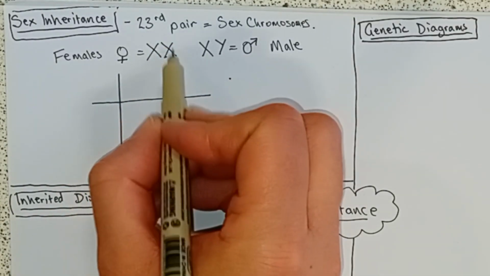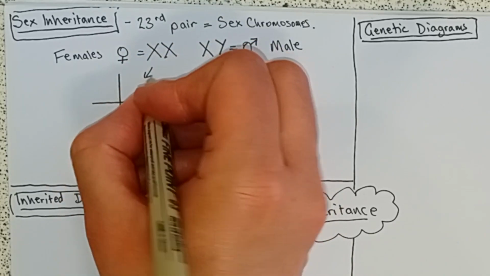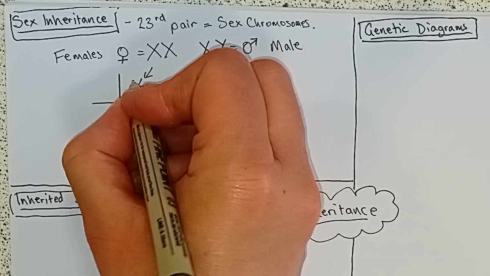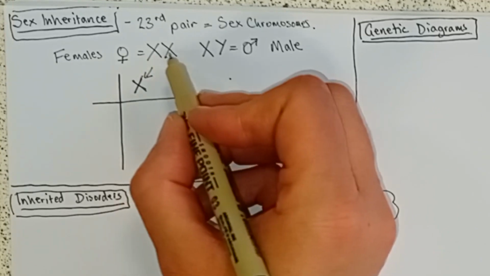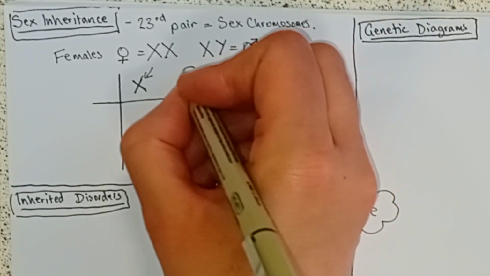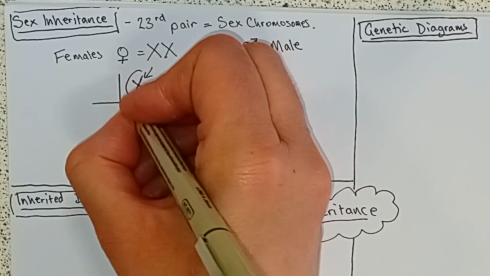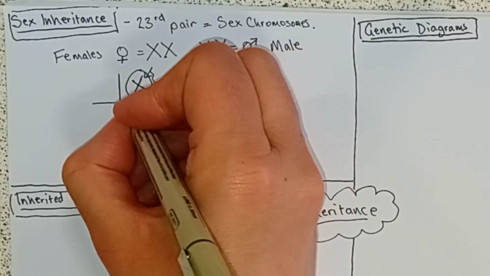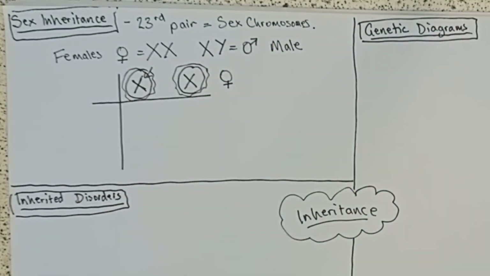So the mother has 2 X's, which means half of her eggs will have this X. Remember that eggs don't have pairs of chromosomes, they only have single chromosomes. So the other half of her eggs will get this X. So 50% of her eggs will be that X, 50% of her eggs will be that X. So that's the female gametes.